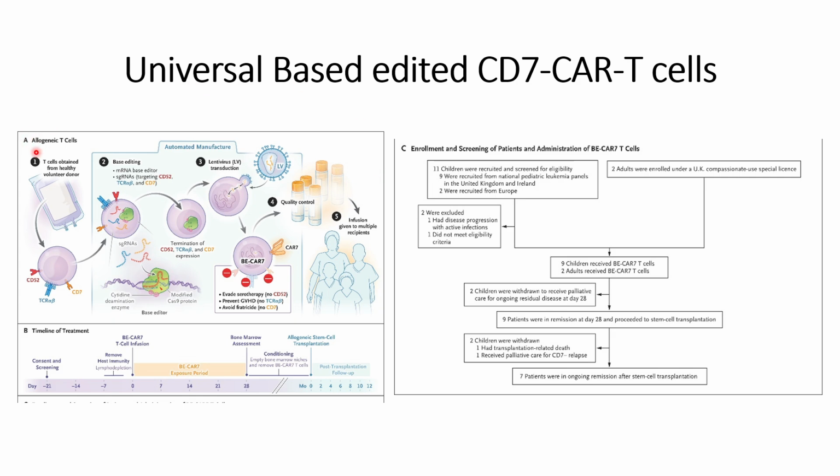So they have started with allogenic T cells, as their idea is to make off-the-shelf CD7 positive CAR T cells that can be used with the patients who are affected with tumors which have the CD7 antigen.